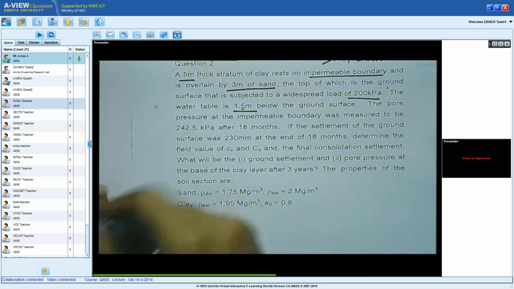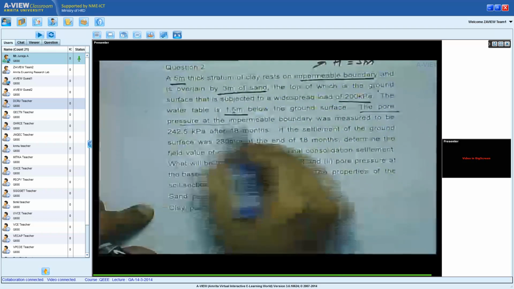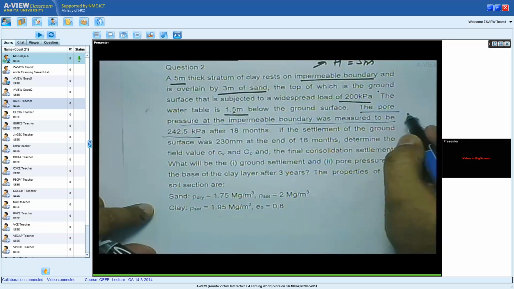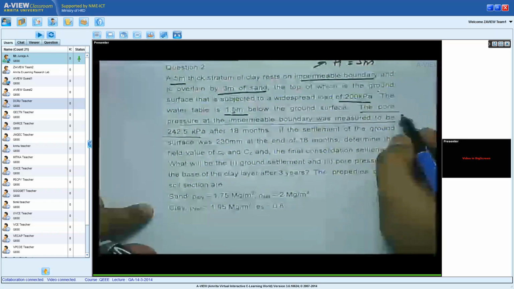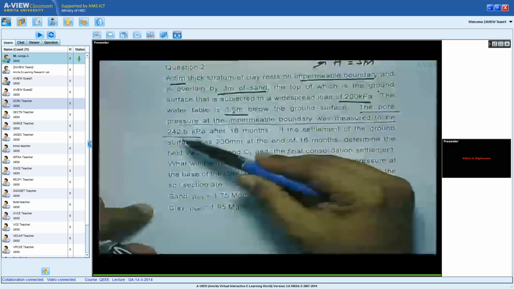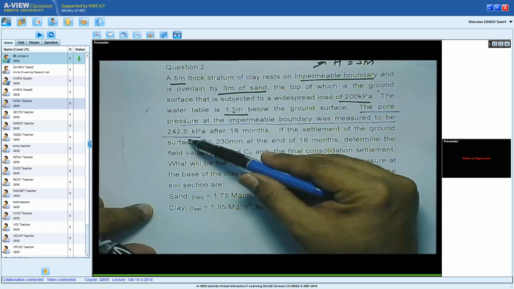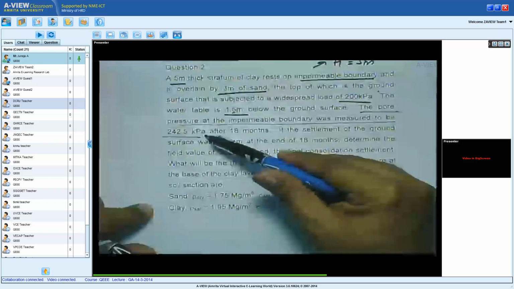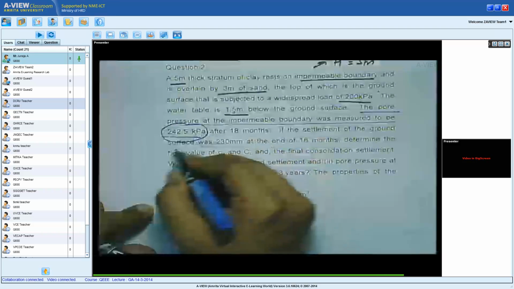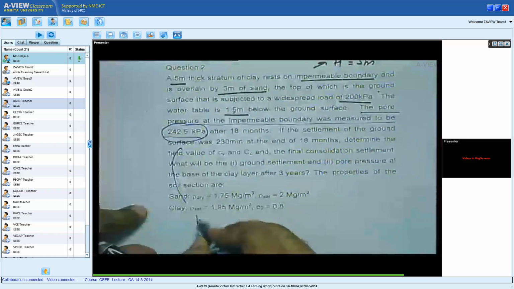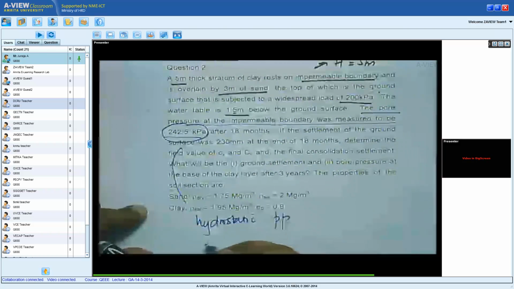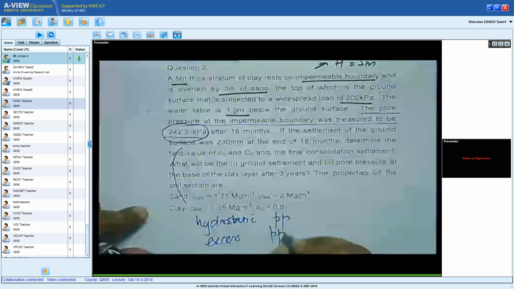The important thing is the pore pressure at the boundary is 242.5 kPa, meaning I had a transducer or some measurement device at the boundary, and the device gave me a value of 242.5 kPa after 18 months. That is the pore pressure. So this value should include the hydrostatic pore pressure as well as the excess pore pressure.